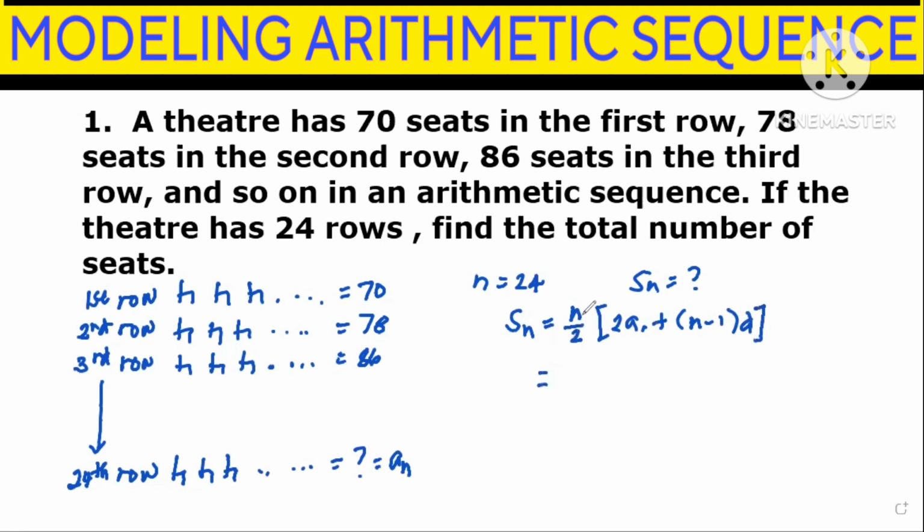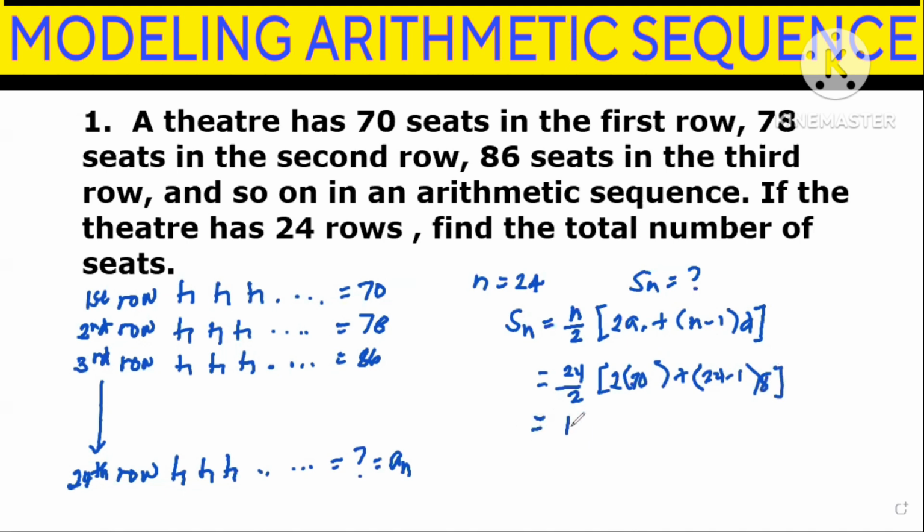Substituting the given values, since n is equal to 24, we have 24 over 2, times 2 times the first term, 70, plus 24 minus 1, times d. Now, what is d? d is the difference between any two consecutive numbers. Let's not go far: 78 minus 70 is 8. Therefore, d is equal to 8.